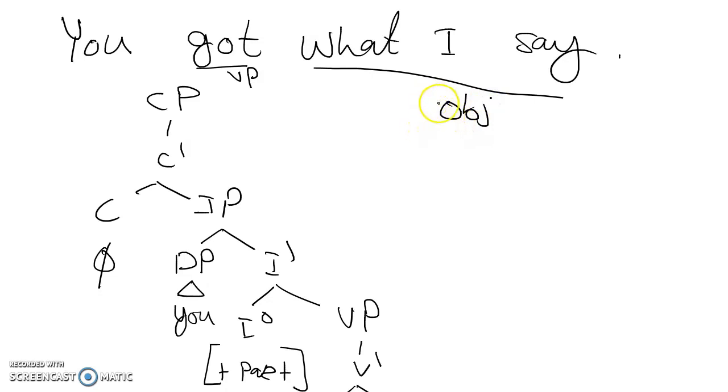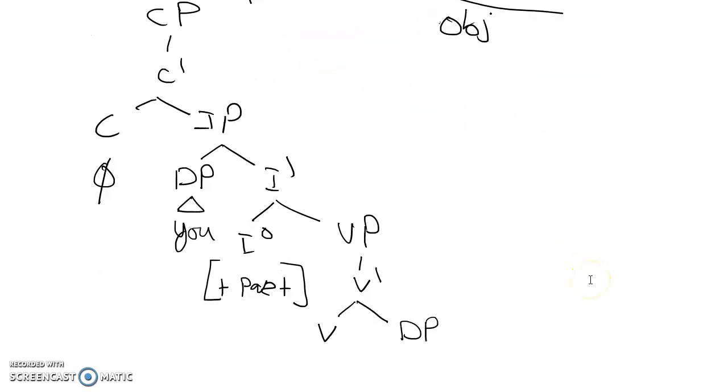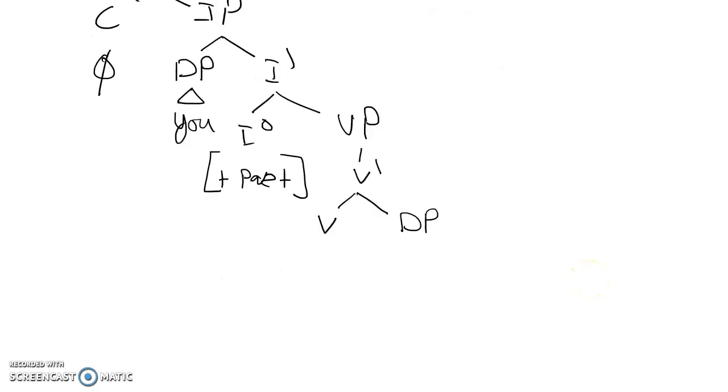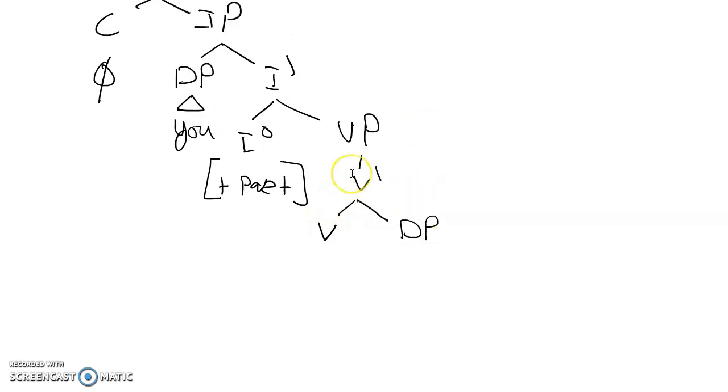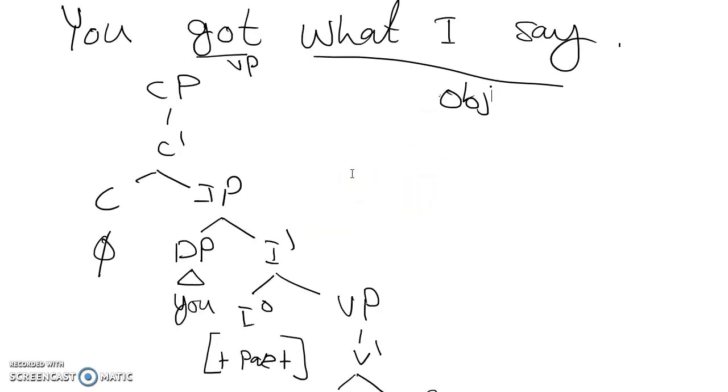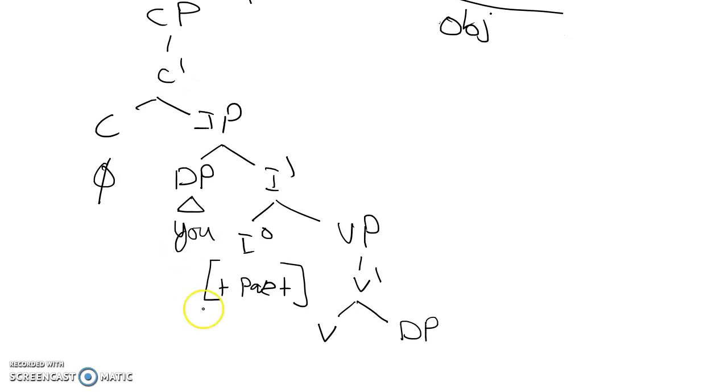And as you see, this object must be a sister to the V. So I have to make them at the same level. Okay. So you got, okay, so for the got, I have to make it here, got, and what I say must be here.